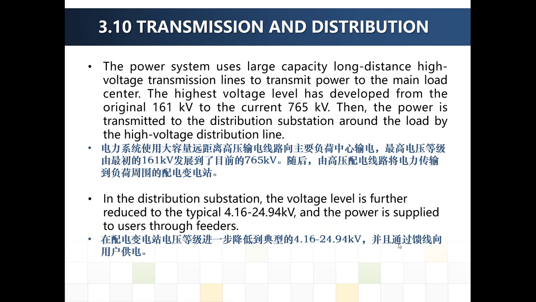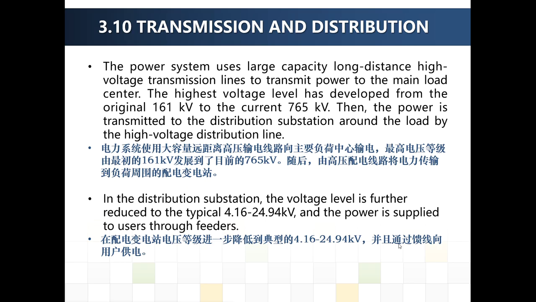The power system uses large capacity, long distance, high voltage transmission lines to transmit power to the main load centers. The highest voltage level has developed from the original 161 kilovolts to the current 765 kilovolts. 765 kilovolts is the highest voltage level in the United States. But as we know, in China, we have developed transmission lines with a voltage level at or over 1,000 kilovolts.